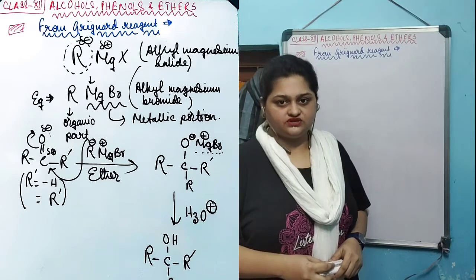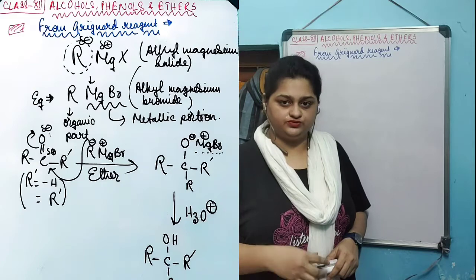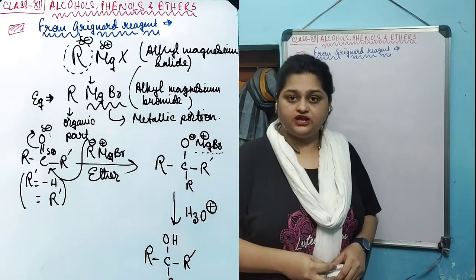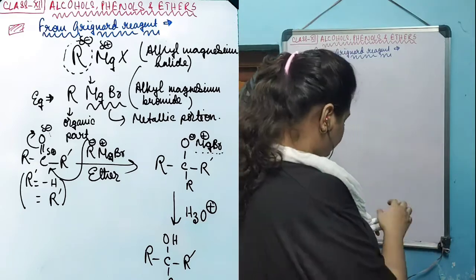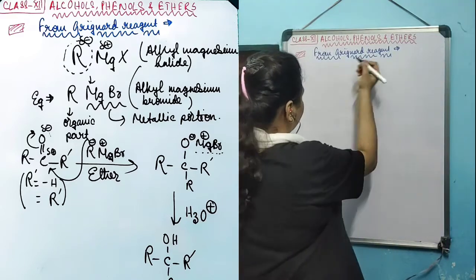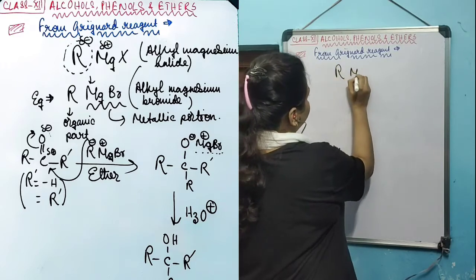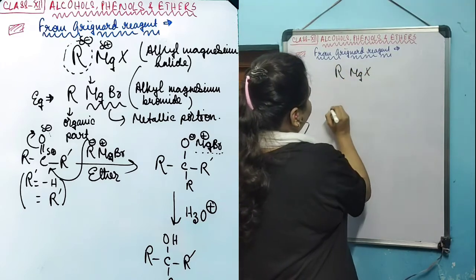Organometallic compounds are those compounds in which an organic function is directly attached to a metallic part. The first and foremost example of an organometallic compound is the Grignard reagent. This looks like RMgX.